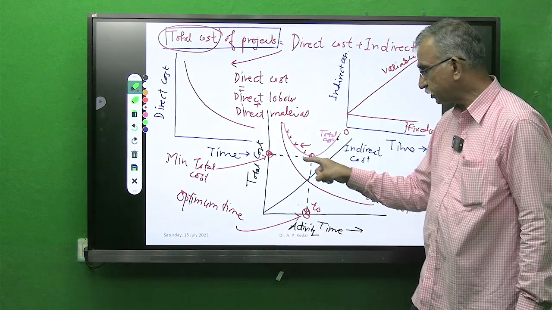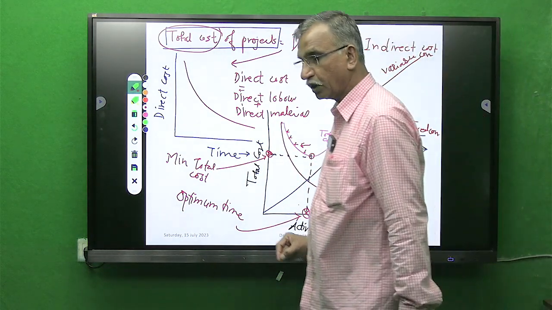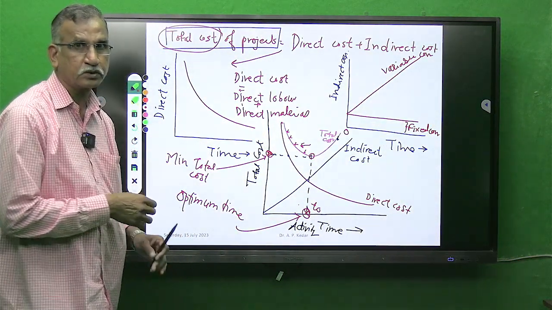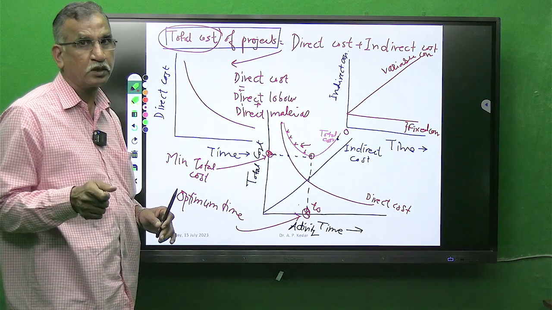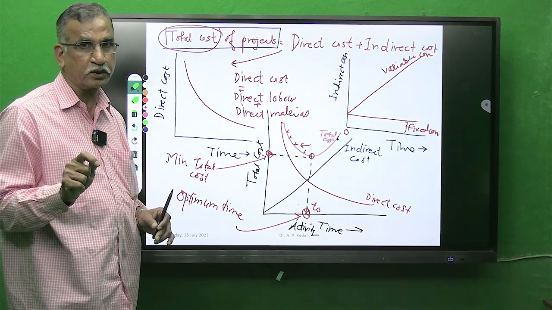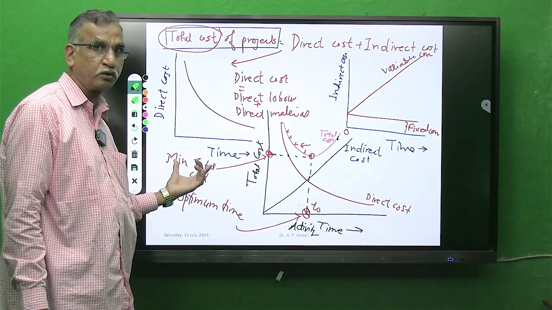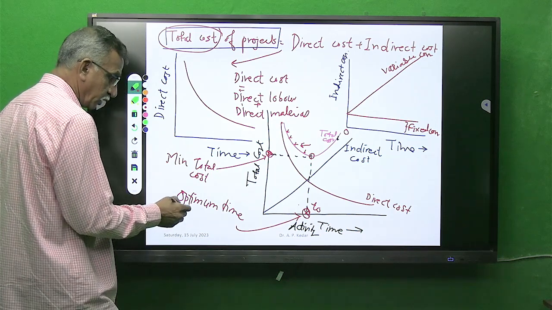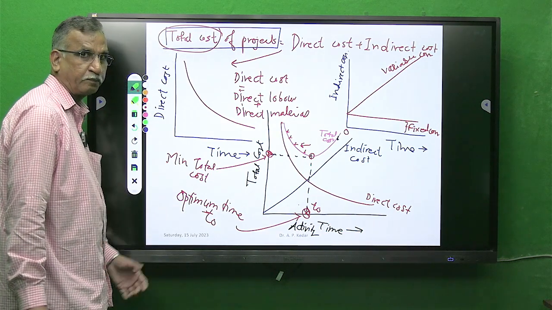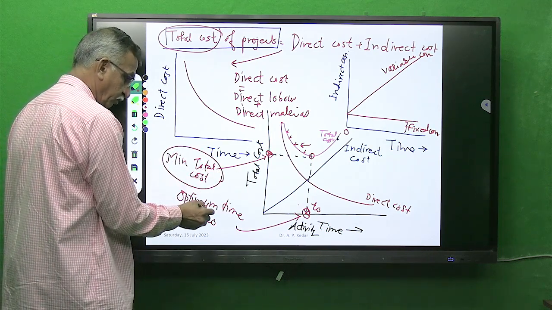Your cost is increasing beyond your total minimum cost. So what we have to do as OR specialists in time cost trade-off analysis is find the optimum time for performance of any project and the corresponding minimum cost. Optimum time and corresponding total minimum cost. So in analysis, our aim will always be to find the optimum time by crashing the network and get the corresponding minimum cost.